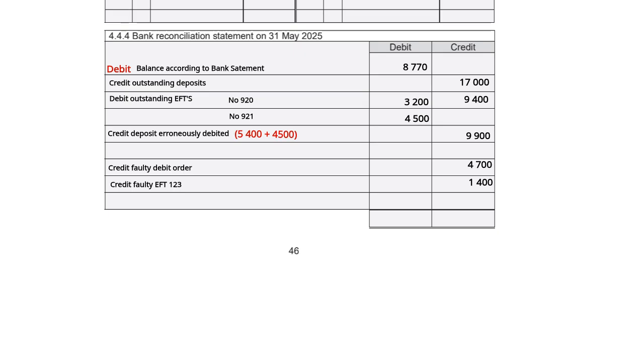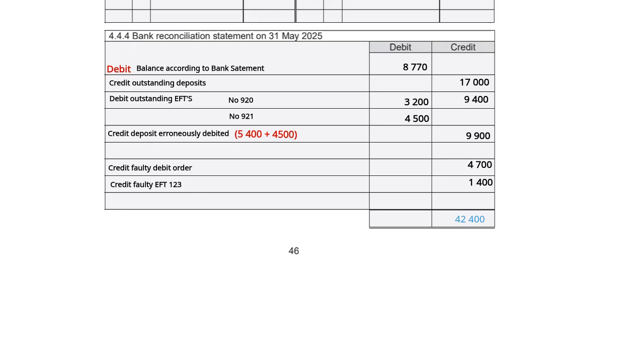Now we've completed all our additional information number 4A to 4M. So let's quickly complete our bank reconciliation statement. We are going to add up our debit side. But you can quickly glance and see that our credit side this time is our larger total. So if we add up our credit side, we get 42,400.